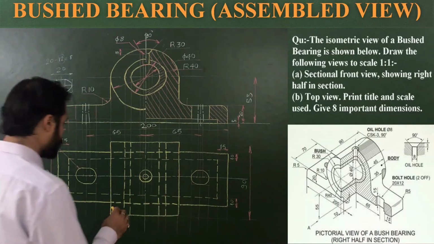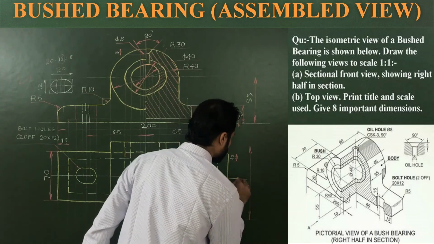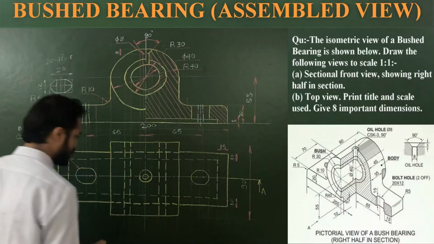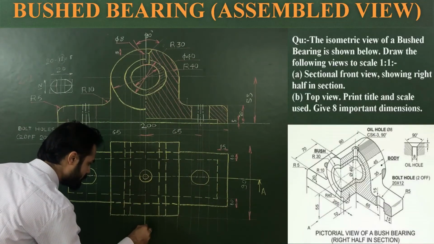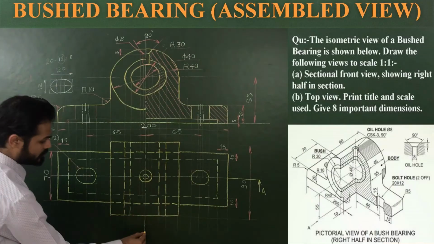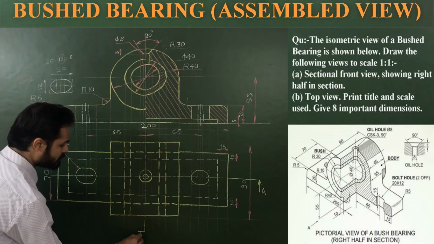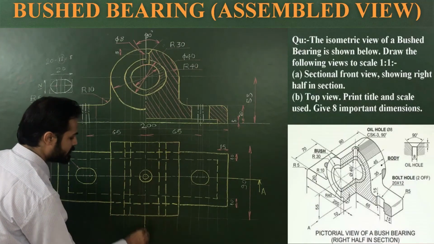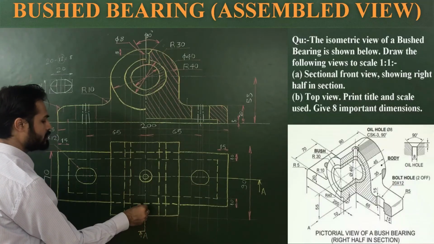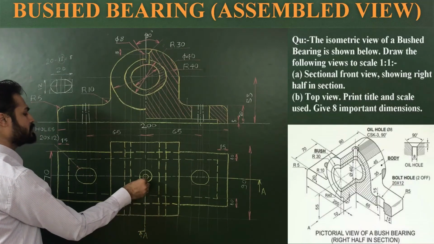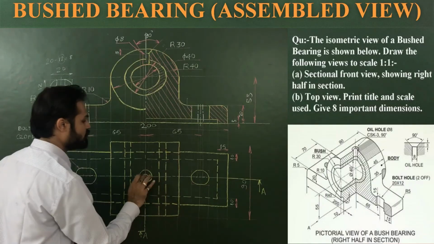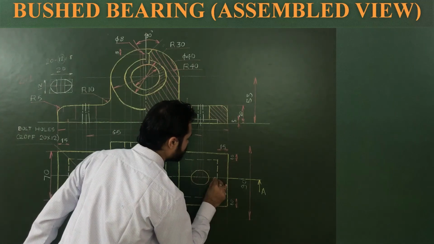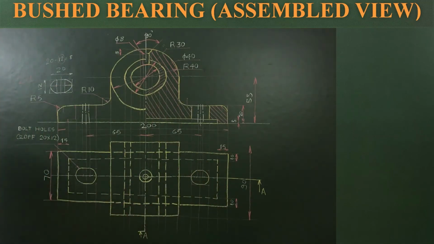Okay, and after all, show the symbol of section like this, A and here. So right half in section, you can write A, and if you want you can show this corner, that this portion is the removed portion for sectioning, right?